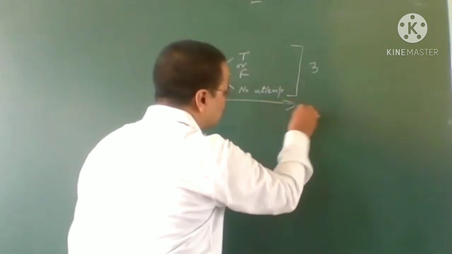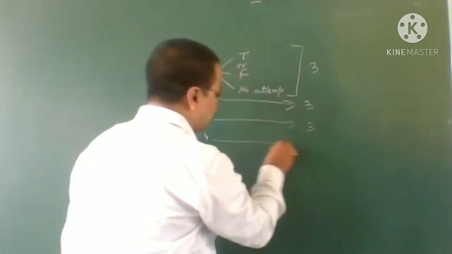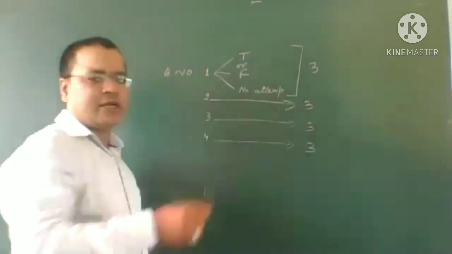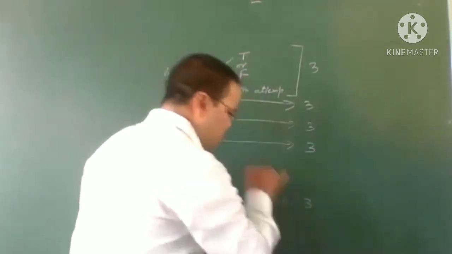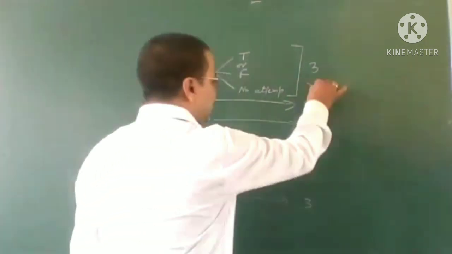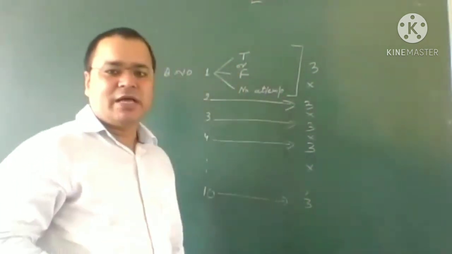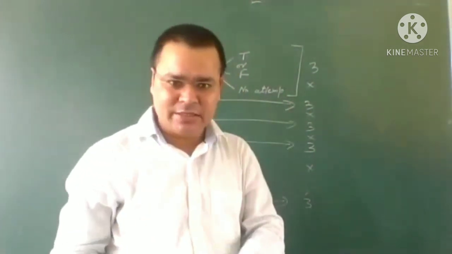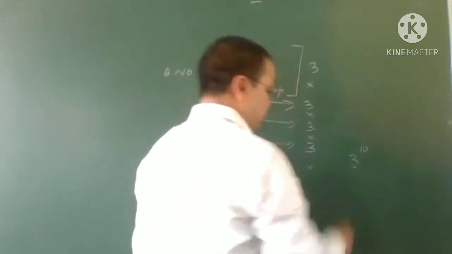Similarly, for the second question also there are three possibilities. For the third question also, for the fourth question also. Similarly, up to 10 questions we have three possibilities. It means 3 multiplied by 3 multiplied by 3 up to 10 times. Then the total number of choices to attempt 10 questions is 3 raised to the power 10.